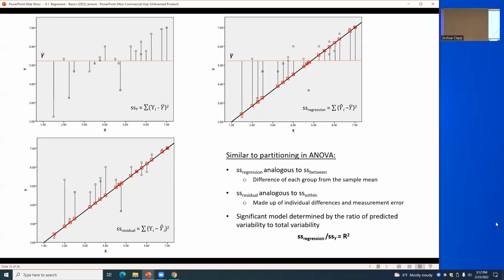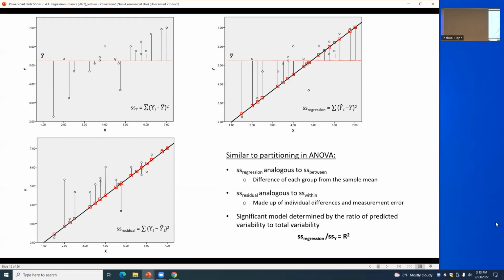Here in regression, we're treating each individual person as a group, because my predictor is a continuous variable that can theoretically take on an infinite number of values. It's like an ANOVA with an infinite number of groups, right? So for each dot, I've got a little red square that corresponds to each data point. For each data point, how far is the predicted value for that observation from the mean?